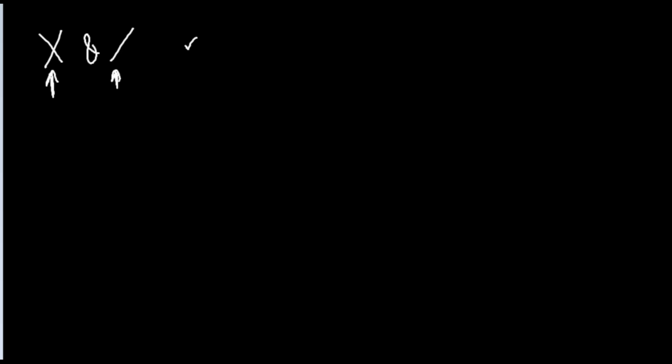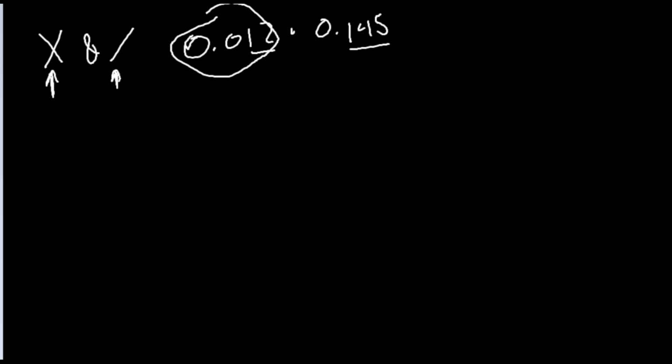So let's say we have 0.012 times 0.145. We can recognize that 0.012 only has two significant figures, and then 0.145 has three significant figures. So this one has the least amount. Then we're going to multiply it as usual.